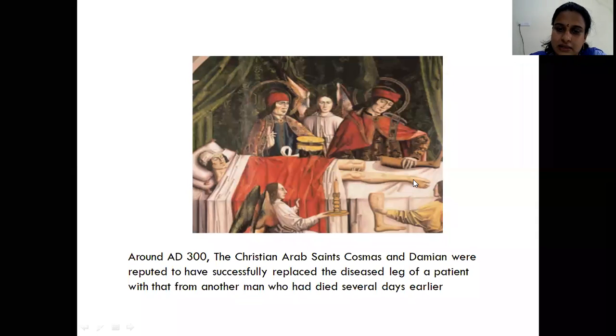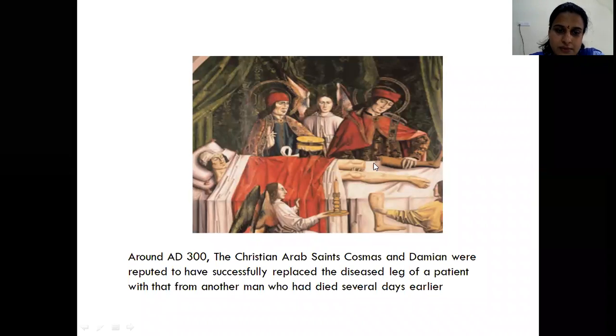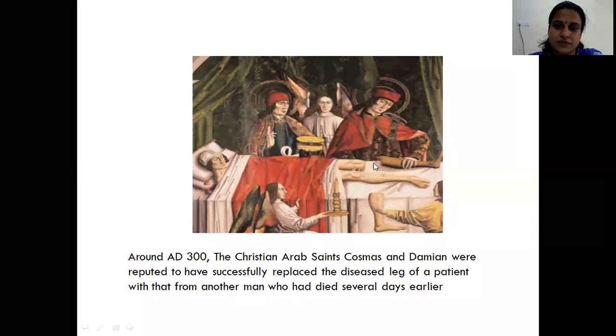So this leg was replaced with the transplanted leg. Of course, whether or not it was successful is secondary, but the very attempt was done at such an early age.